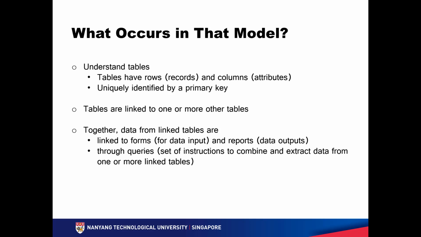Specific to relational database, we expect you to understand what tables are, what tables have, which are rows and columns. We'll be coming back to all these topics in more detail soon. And more importantly, how do you uniquely identify each of the records or each of the rows in a relational database? What are tables and how do tables work together? Overall, we are essentially trying to use the relational database approach to resolve some data problem.